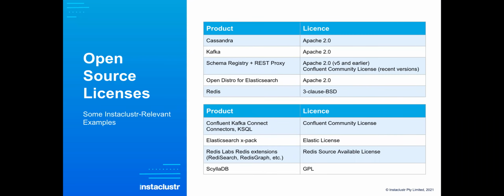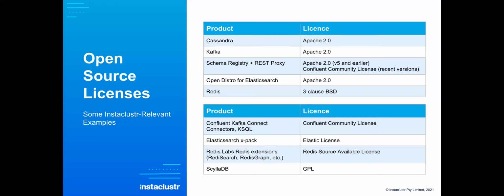So just to go through, these are, as I said, the software that Instaclustr works with, and what the licenses are, just for some examples. We tend to favor the Apache 2 license, and in fact, as we'll get to in a second, the Apache Foundation software where it makes sense. So Cassandra and Kafka are under those licenses.